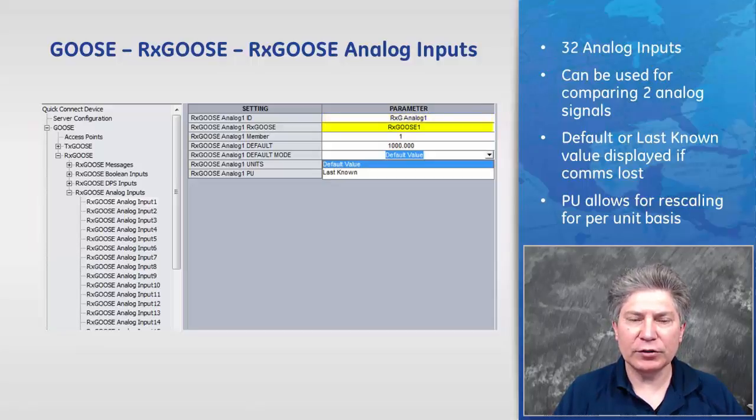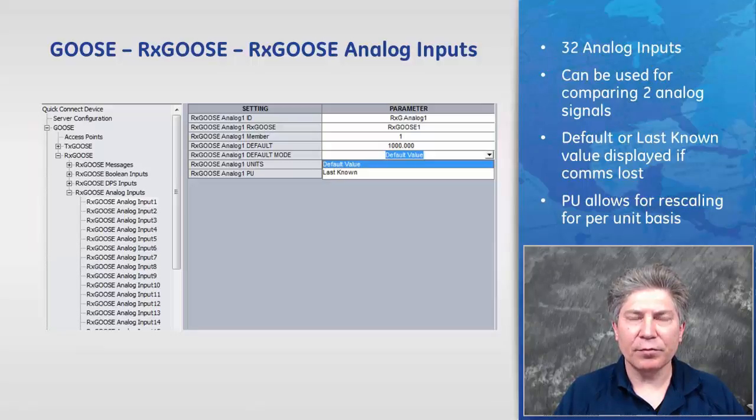The RX Goose, once again, is the number of the Goose messages that contain the analog signal. The member is the location of the analog signal within the Goose message. The operand expects a float 32 result. If the operand is not, then it assumes a default state.